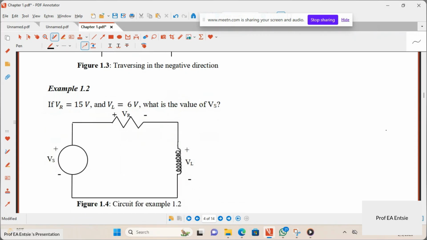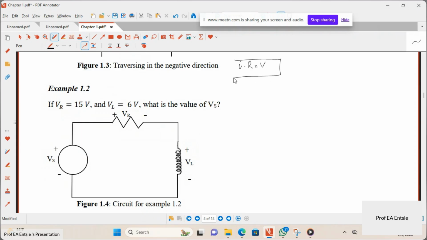So either you find all the voltages' algebraic sum, then you equate it to 0, or you find the EMF source, or what we call the voltage source, then you equate it to the sum of the voltage drops, and voltage drop is given by current times resistance.